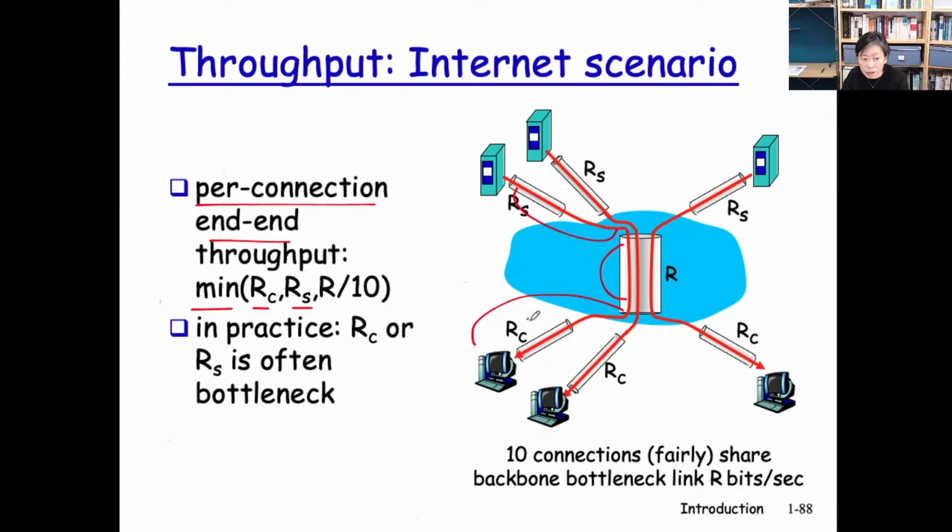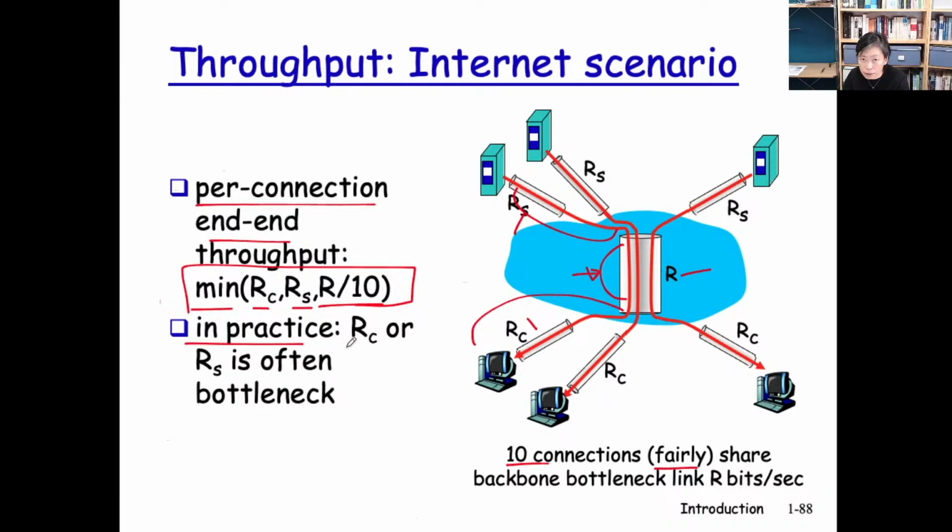RC is this one, RS is this one, clear. The middle segment, if there are 10 connections in parallel, then this middle link with capacity R will need to be divided by 10, as I'm assuming the 10 connections are fairly sharing the entire capacity. So the throughput to be formulated is the minimum of RC, RS, and R over 10.